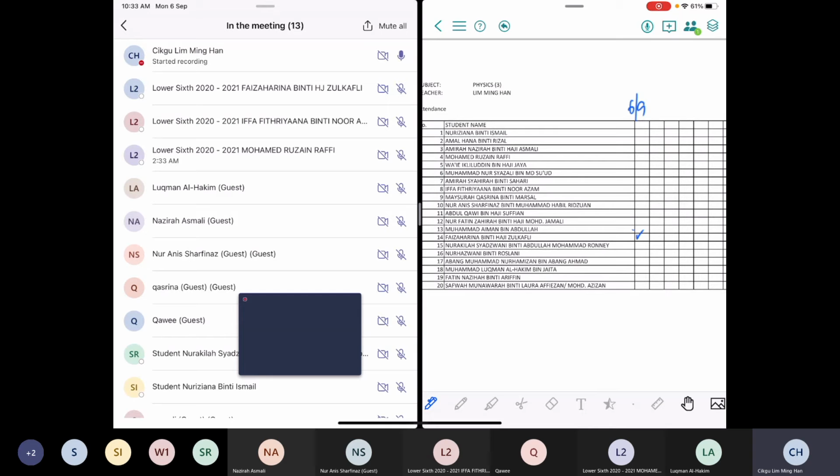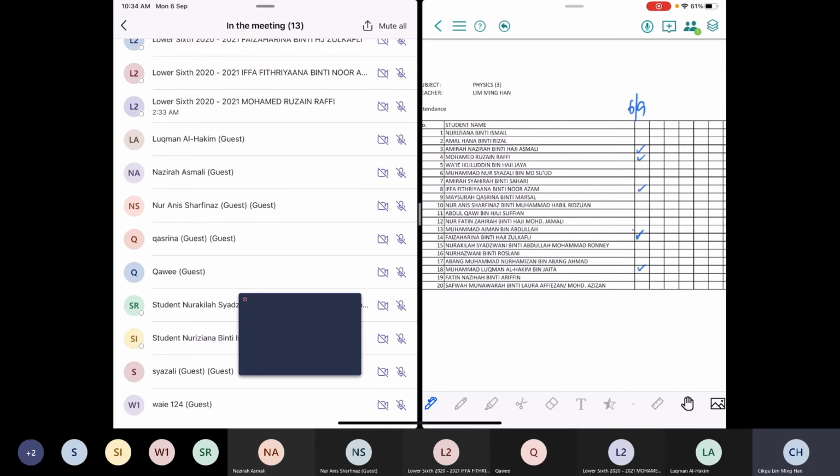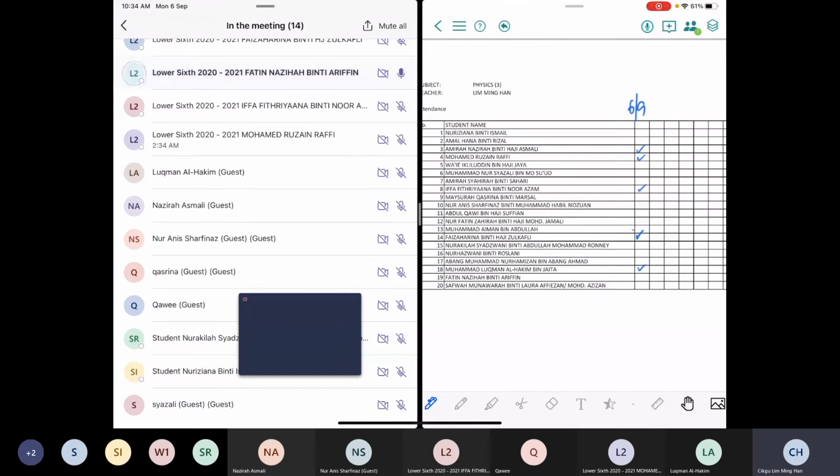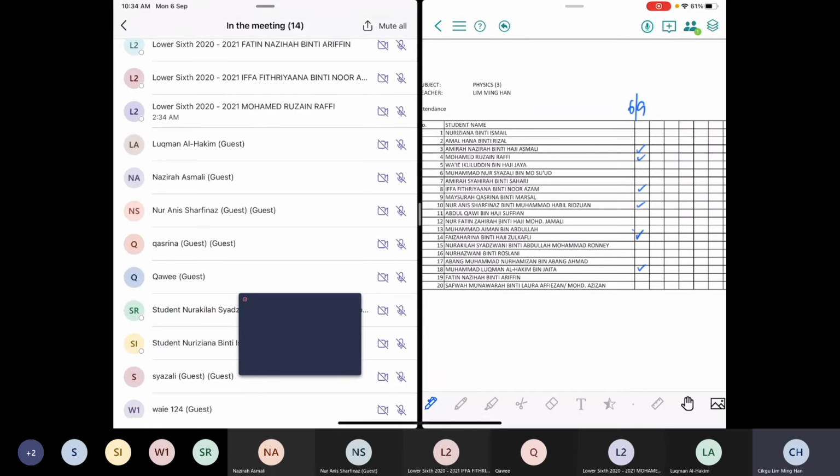We have Ifa here. We have Ruzain here. We have Lokman here. We have Nazira. Too small. We have Anis. Where is Anis just now? Anis here.